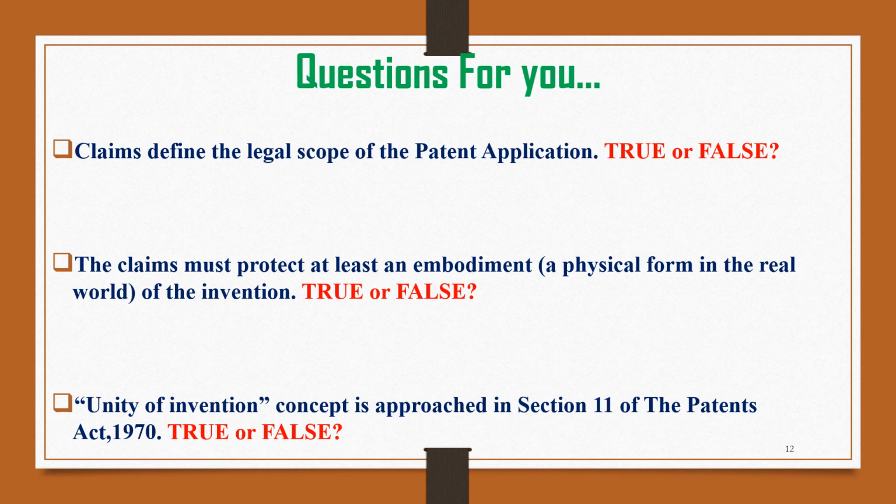Question number 2: the claims must protect at least an embodiment of the invention, that is, a physical form in the real world of the invention, true or false? And the third question: the unity of invention concept is approached in section 11 of the Patent Act 1970, true or false?